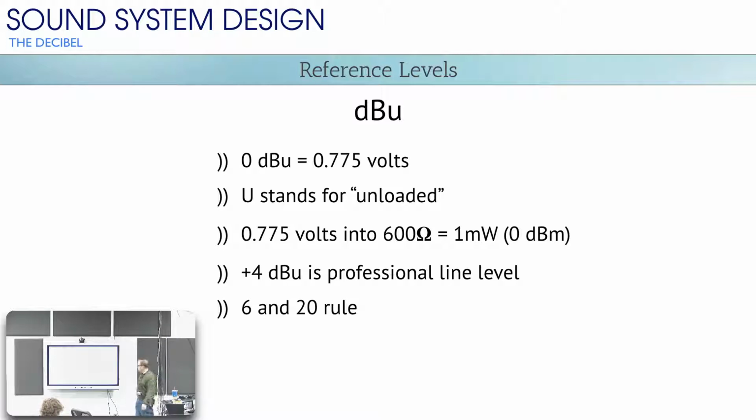But here's the reason: if you take 0.775 volts and put it into 600 ohms, that is 1 milliwatt of power. So 0.775 volts pushing against a 600 ohm impedance will perform 1 milliwatt of work, which is coincidentally equal to 0 dBm.